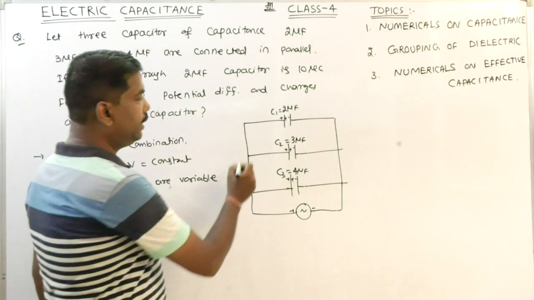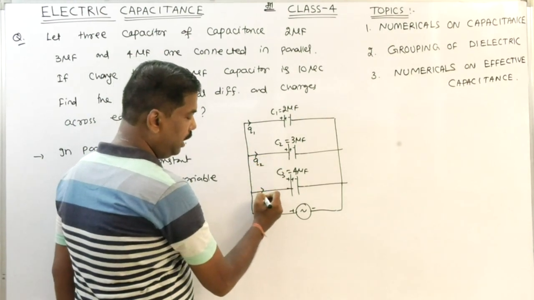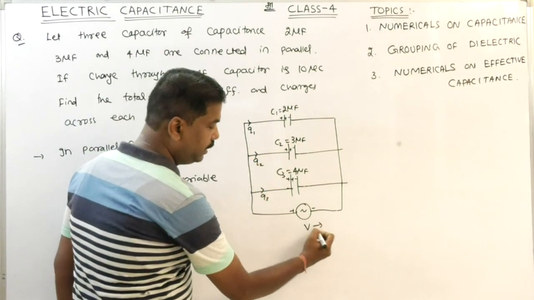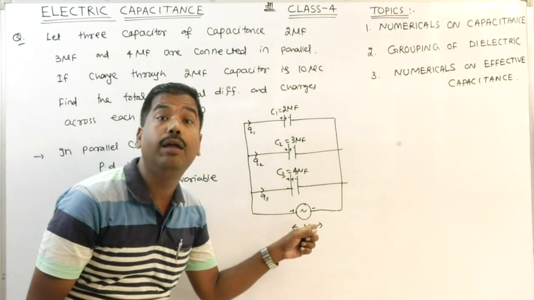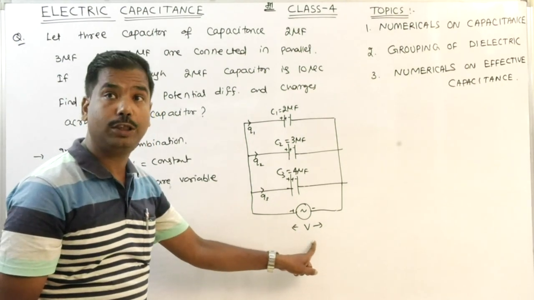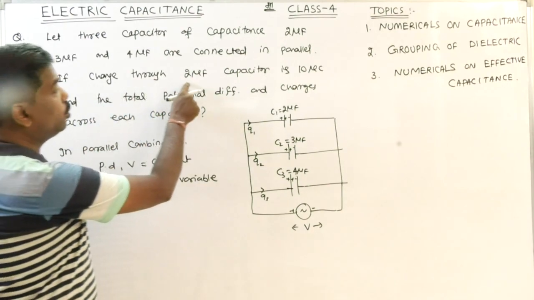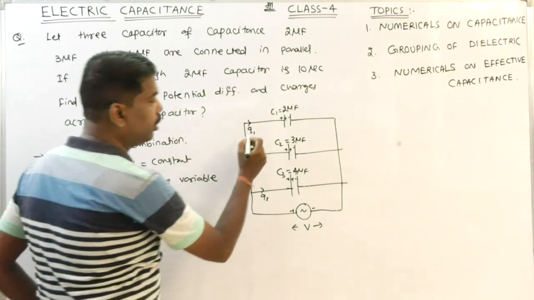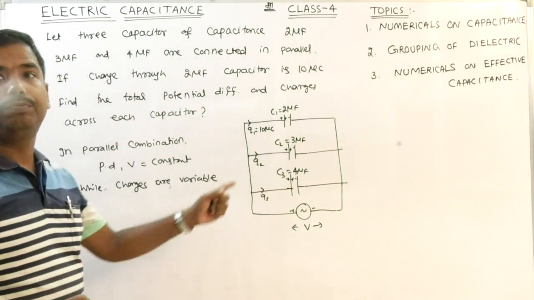Let the charges be Q1, Q2, Q3 and the potential difference be V. As 3 capacitors are connected in parallel, V is constant. If the charge through the 2 microfarad capacitor is 10 microcoulomb, it means charge Q1 is given as 10 microcoulomb.